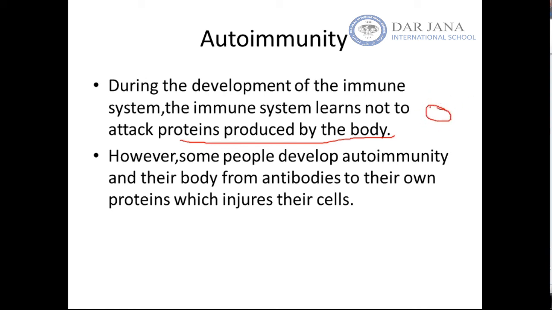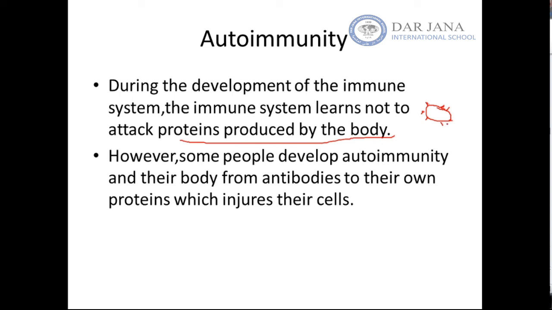On our cells, we have proteins or antigens. So the body learns that these proteins are self. They belong to the body. So the immune system learns not to fight these proteins.